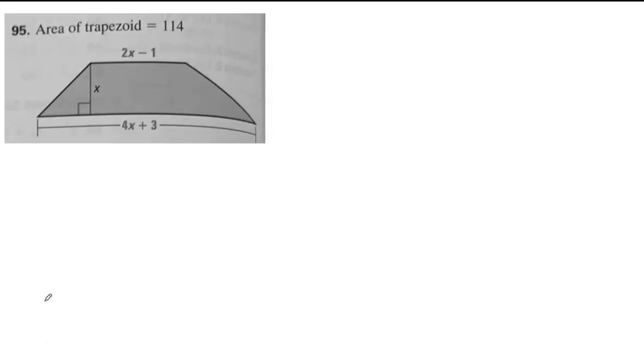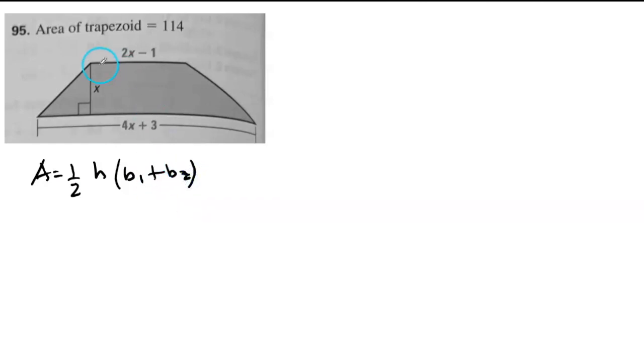Now we have a trapezoid. Again, they give me the area of the trapezoid and the dimensions of the trapezoid. The problem here is knowing the formula for the area of the trapezoid, which is 1/2 of my height times base 1 plus base 2.